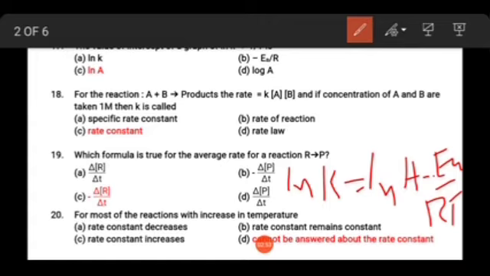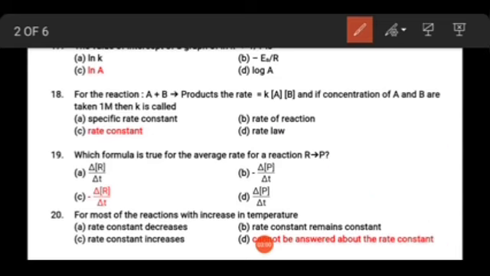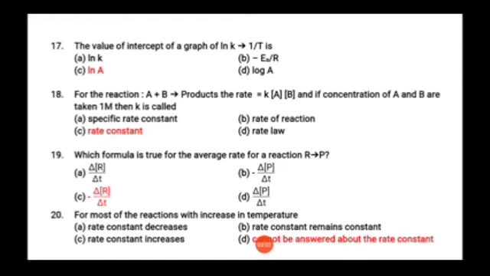So if you compare this equation with linear equation of line, that is y is equal to mx plus c, then you must know the intercept of this equation is ln A. So remember this, if the question is graph of log k versus 1 upon T, the answer is log A. But here the question is ln k, so answer must be ln A. So the correct answer is option number C, ln A.